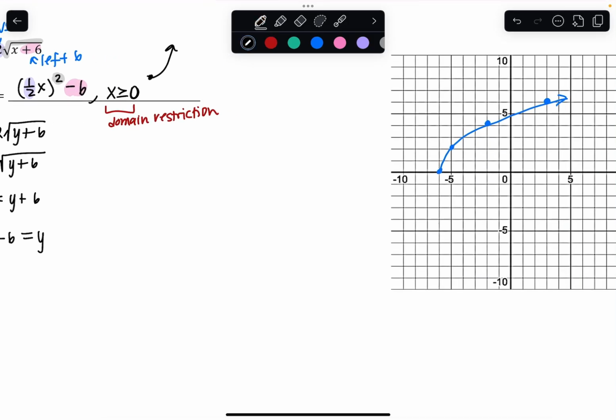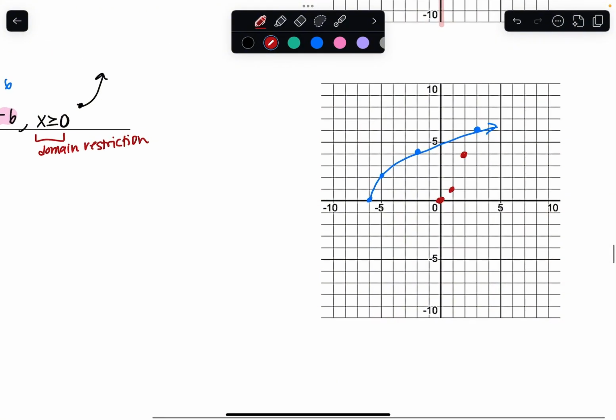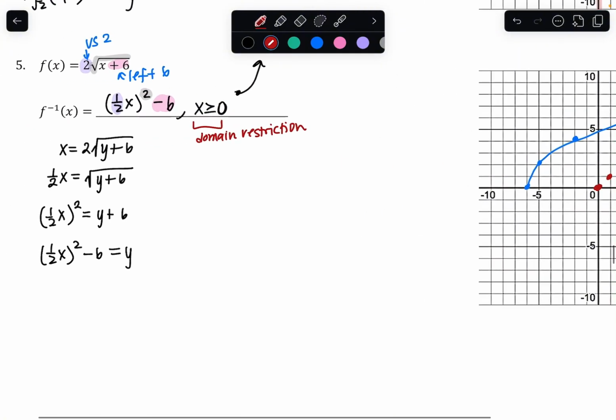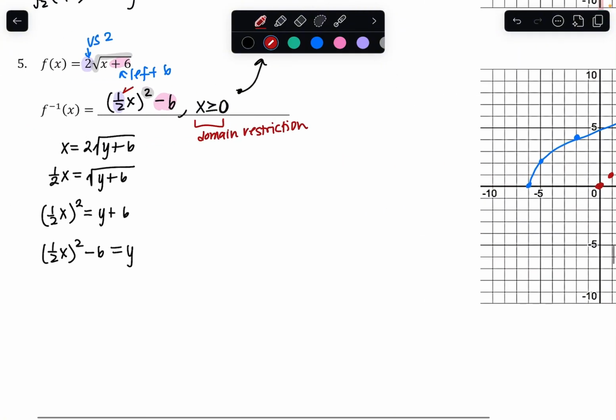Okay, and so to graph this, our quadratic parent function starts at (0, 0), (1, 1), (2, 4). And then if you want to do it, 3 squared is 9. And we're only doing the right side, so I'm not even going to put the other points on there. Okay, and so this transformation, this 1/2 inside, is actually a horizontal stretch by 2.